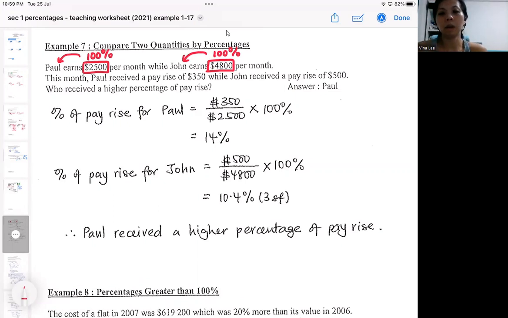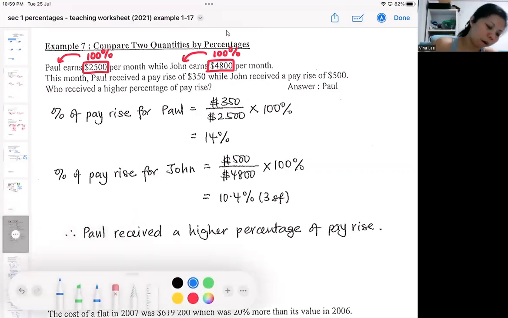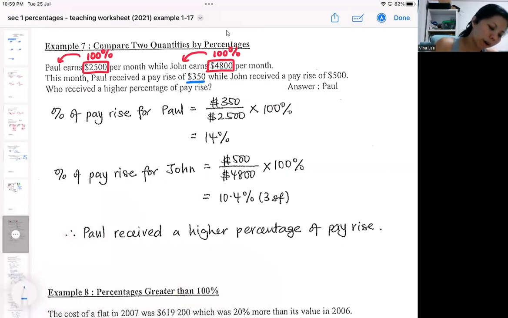But if we think about the percentage, maybe it will be a bit different. So I will take the amount of pay rise for Paul and compare it with his 100%. So when I compare it with the 100%, that means I use the 2005 as the denominator.